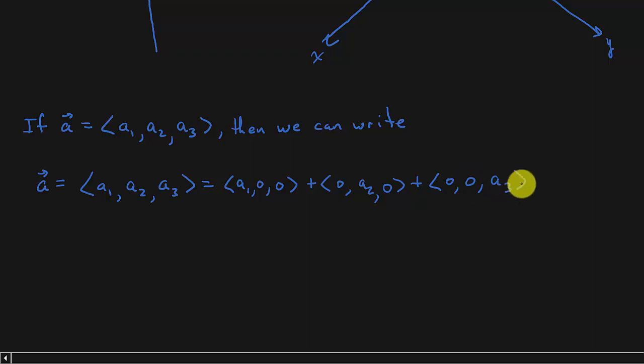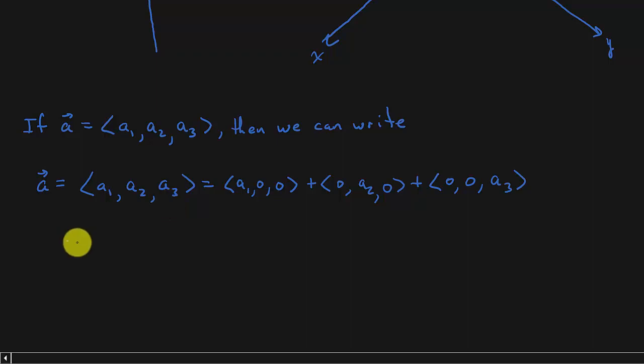Couldn't we do that, couldn't we? Okay, because if we add these 3 together, we end up with this. See, A1 plus 0 is A1, 0 plus A2 plus 0 is A2, and 0 plus 0 plus A3 is A3. All right.